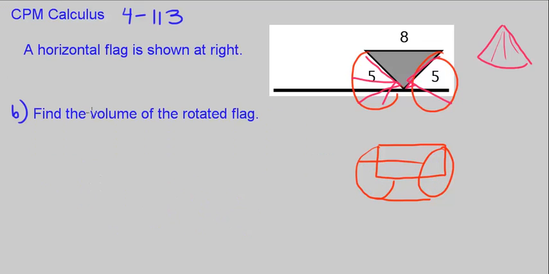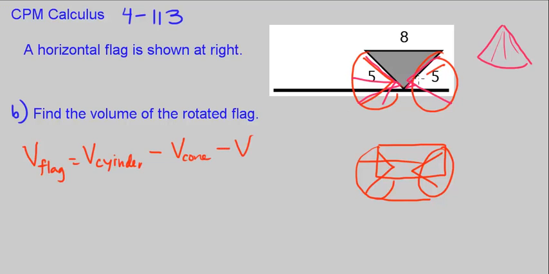Part B says find the volume of the flag. Well, we know how to find the volume of the entire cylinder, if there was nothing removed. So let's do it that way. Let's find the volume of the cylinder and then remove the volume of the cone here and remove the volume of the cone on the other side.